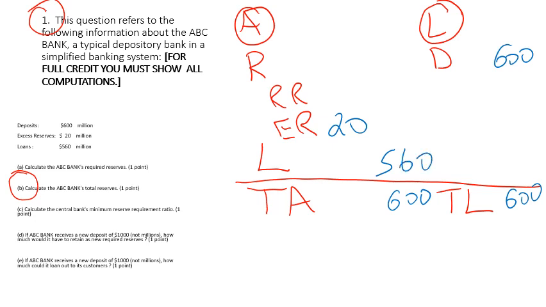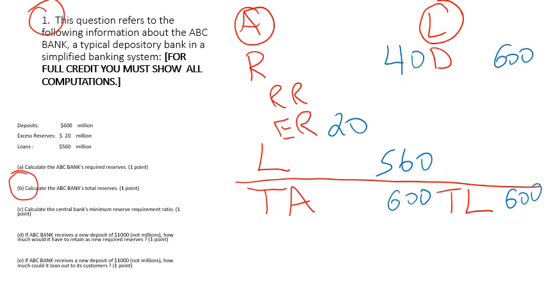So once again, if we know that total assets are 600, and loans are 560, then we figure out that total reserves are equal to 40.